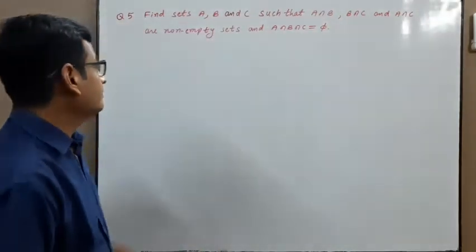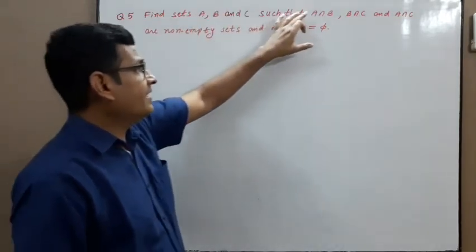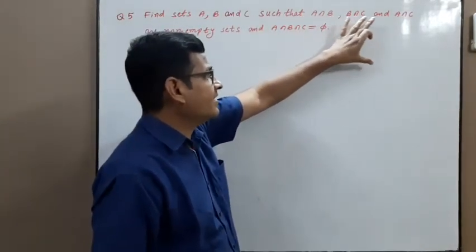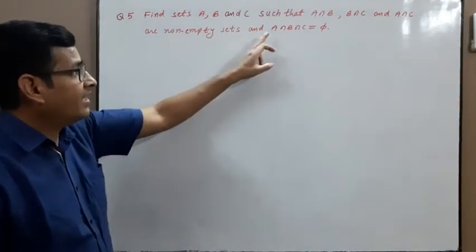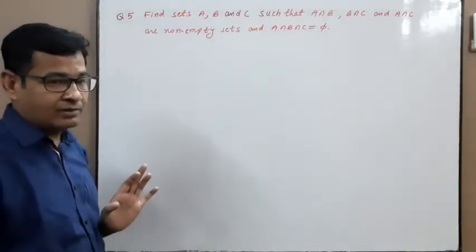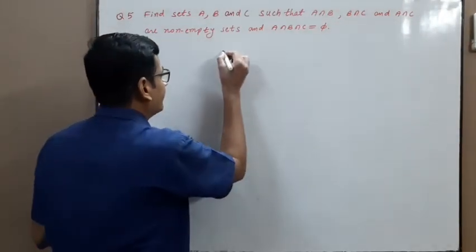Next problem. Find sets A, B and C such that A intersection B, B intersection C and A intersection C are non-empty, means something is there, and A intersection B intersection C equal to 5. To find such sets, always use a Venn diagram.